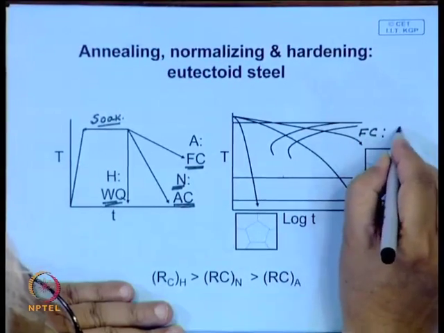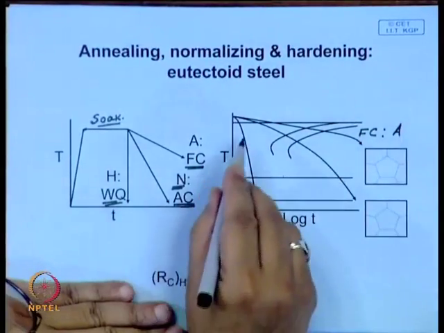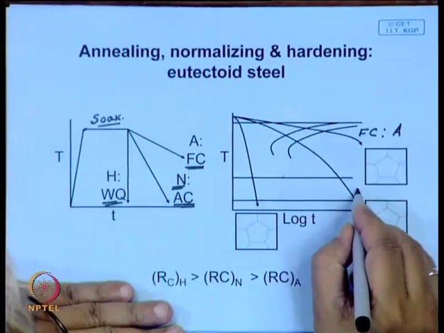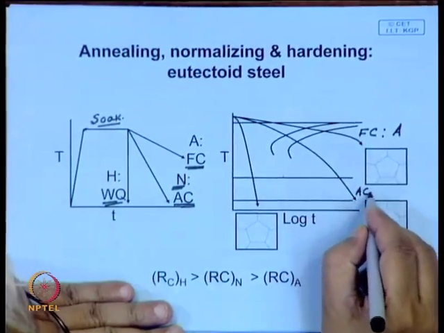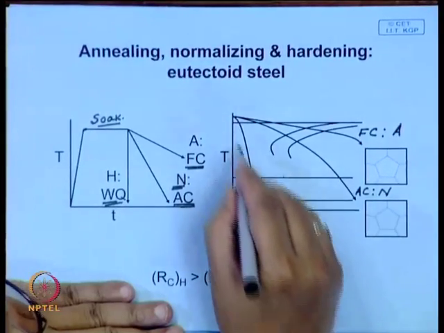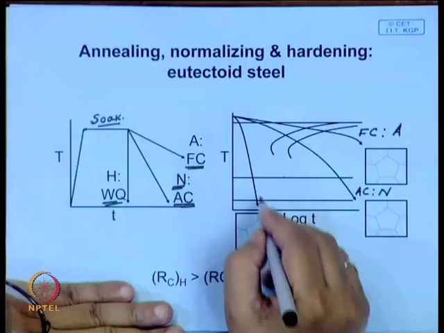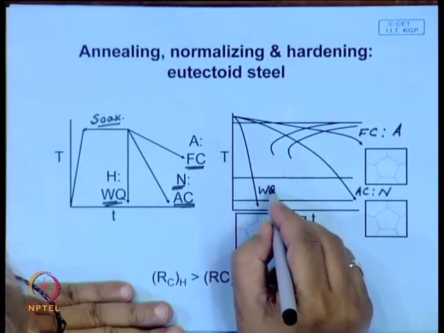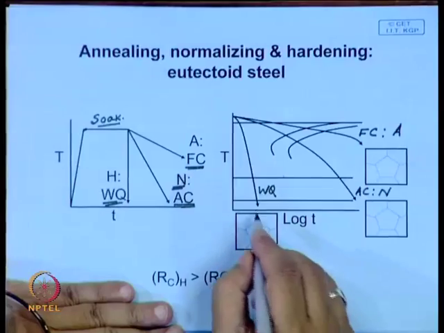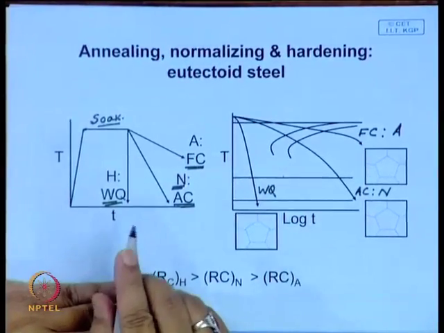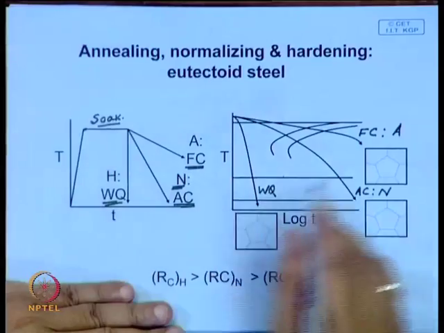So, this is annealing. If you cool in air, then it is air cooled, this is normalizing. If you water quench, the cooling rate is very fast, and here you get a totally different kind of structure. Now, what type of structure will you get here?